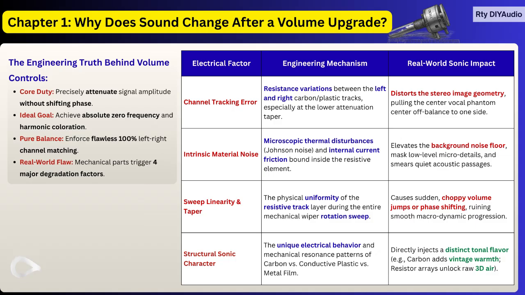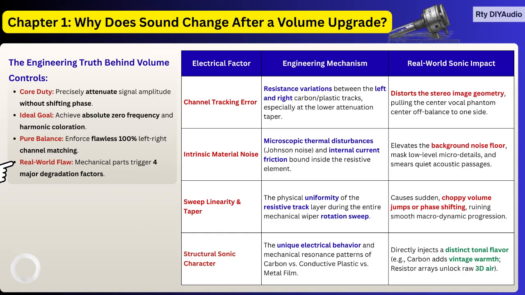Why does sound change after a volume upgrade? In high-fidelity circuit design, the sole duty of an ideal potentiometer is to precisely attenuate the amplitude of your analog signal. Therefore, a mathematically perfect attenuator must scale down the signal's amplitude while remaining completely transparent, meaning it must induce absolute zero frequency coloration, zero phase shift, and enforce a flawless 100% channel balance across all listening levels.